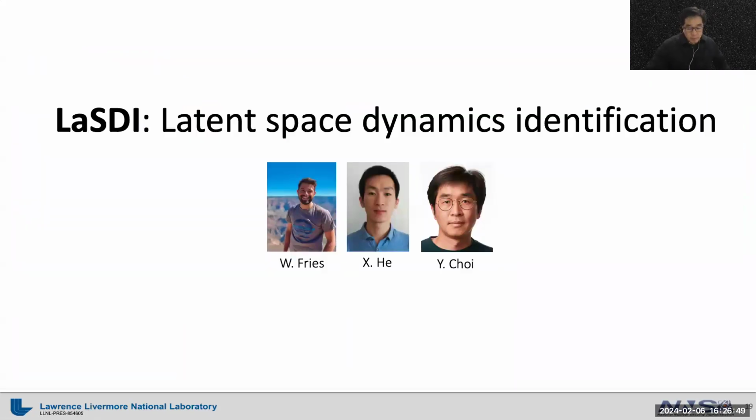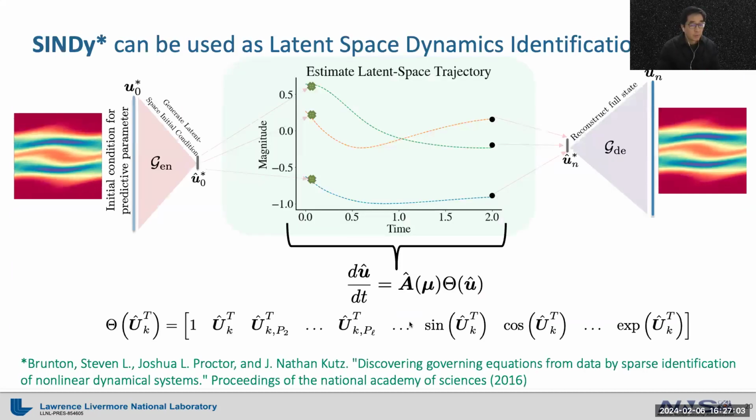Okay, so the linear ordinary differential equation is the nicest, simplest form of ordinary differential equation, which can be used for the latent space dynamics identification, but you do not have to always rely on the linear ordinary differential equation. A lot of times your latent space dynamics data may not be a good fit for a linear ODE.